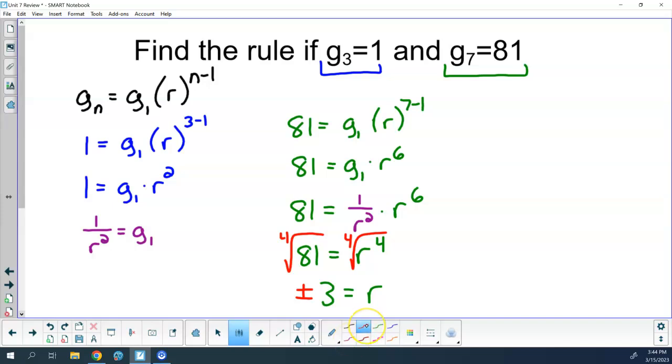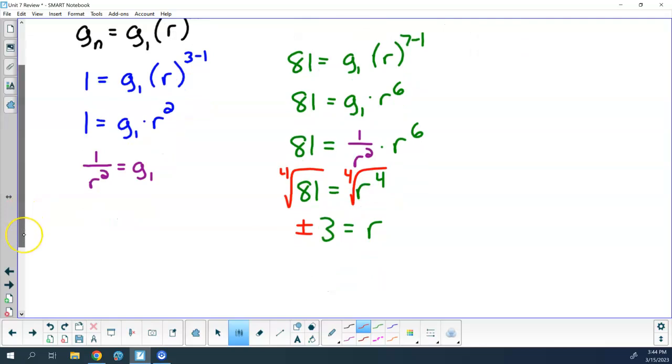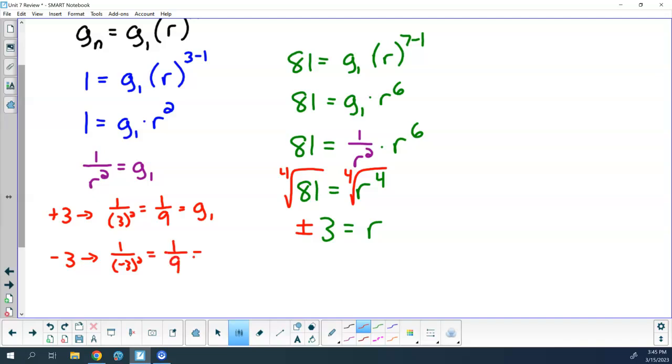Now, when I plug those values back into my equation, I would have to plug them in twice. Positive 3 would give me 1/9 for my first term. Negative 3 would give me 1/9 for my first term.